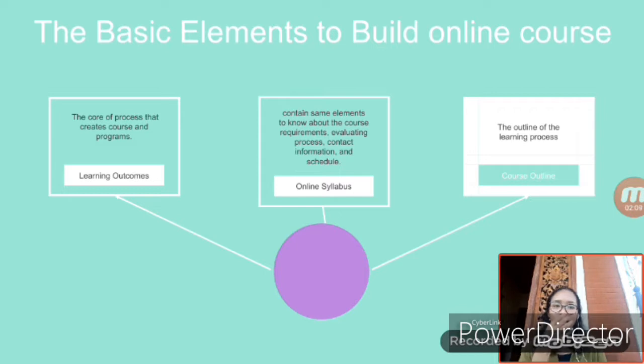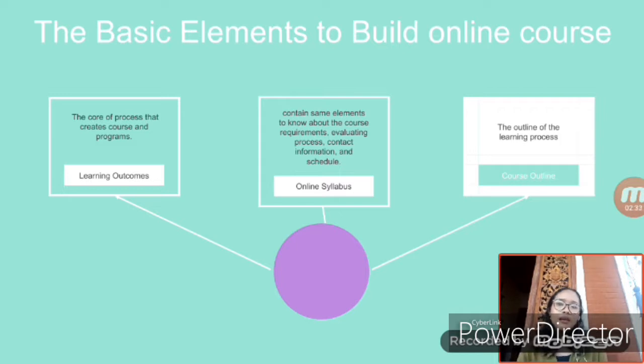And second, online syllabus. An online syllabus contains as many elements as an on-site syllabus. It also provides a very detailed course outline and explanation of how the course is organized and will operate.